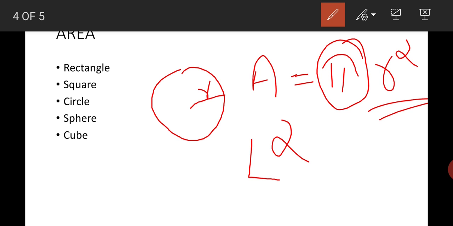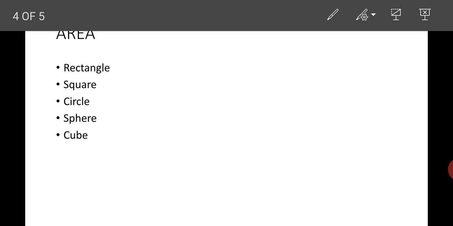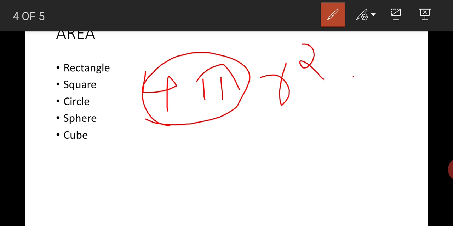Now comes sphere. In the case of a sphere, what will be the surface area of a sphere? It will be 4 pi r square. 4 pi is a number which does not have any dimension.